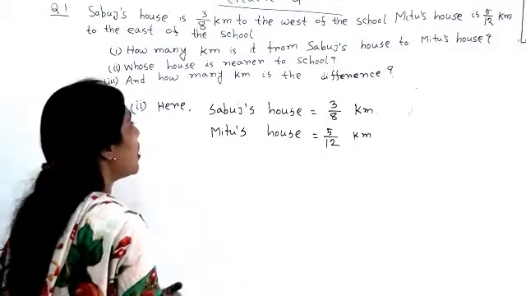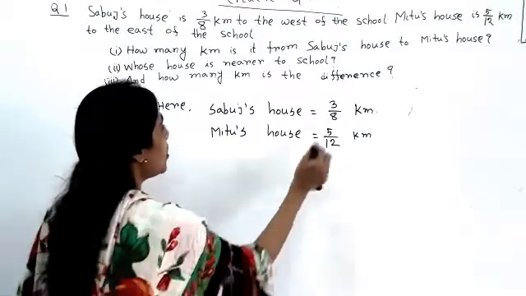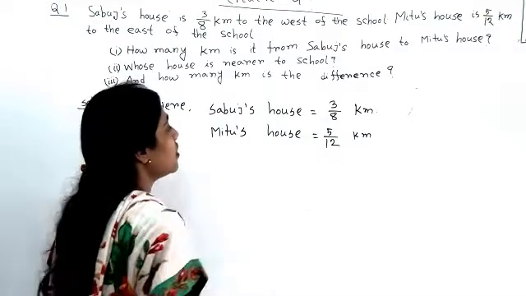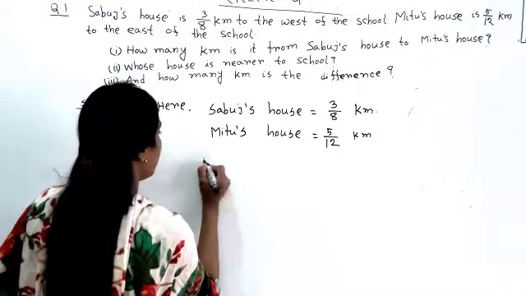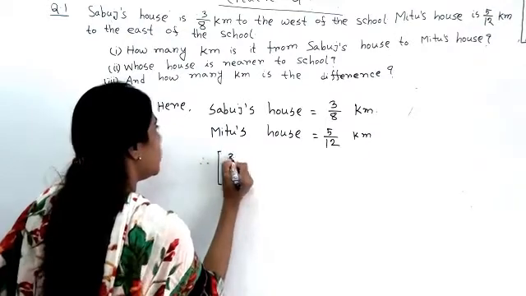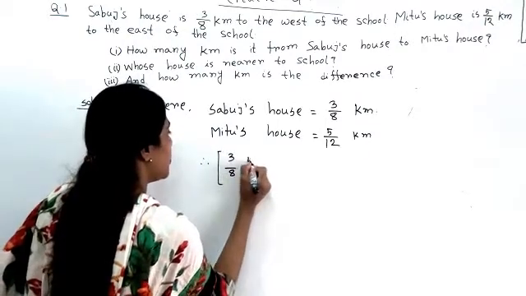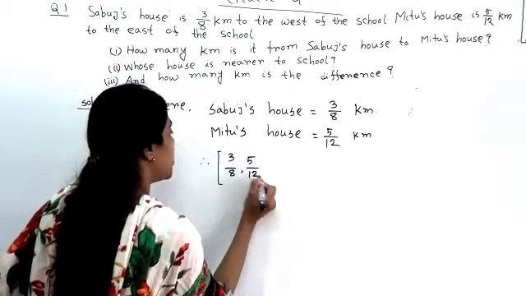Now I convert these two fractions to the same denominator. 3 divided by 8, 5 divided by 12.